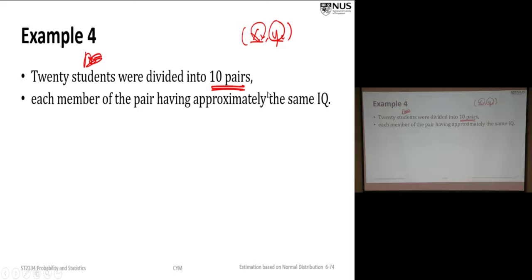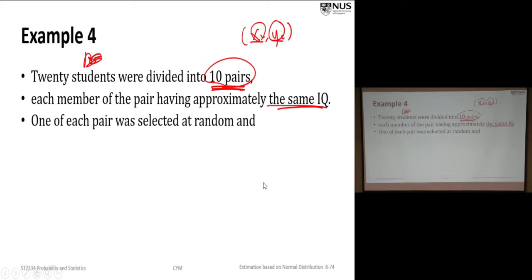In this case, we assume that we have 10 pairs, so their IQs are approximately the same. So the two persons in the same pair are considered to have an equal IQ.